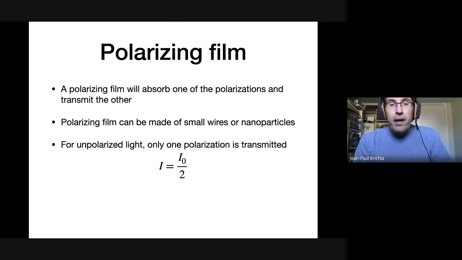In terms of how much light actually gets through, this is a very simple equation, but nonetheless, it's actually pretty powerful. So for unpolarized light, again, sunlight, that will have some intensity, I0. And so the sun's polarization is all random. We have one like this, one like this, one like this, whatever.